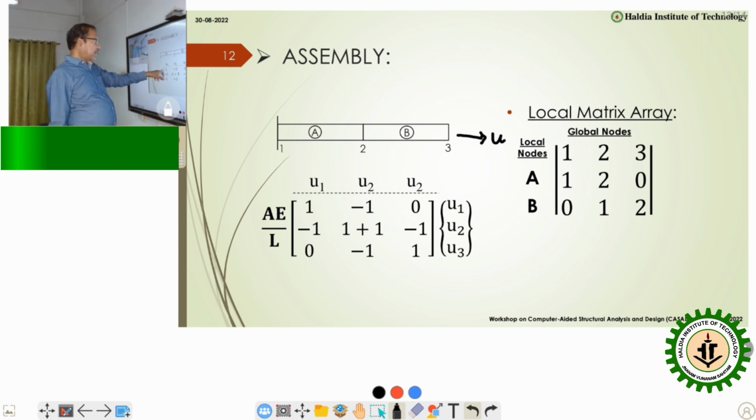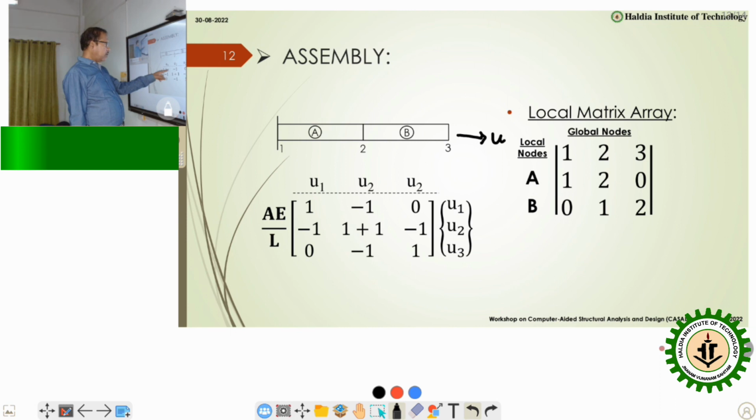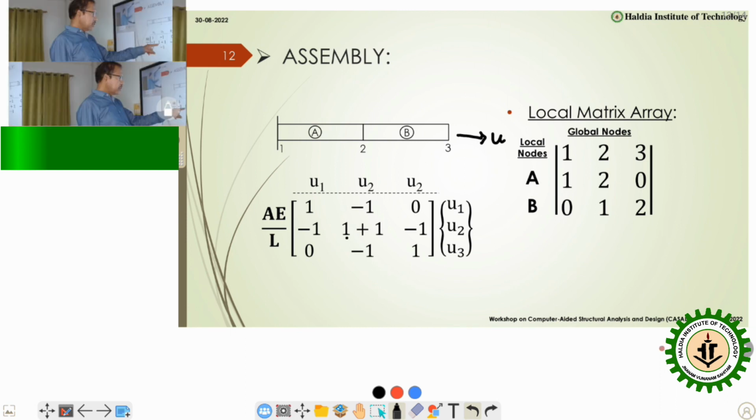In this case, directly, as previously, one is AE by L and the other is minus AE by L. So the diagonal entries will be 1 and the off-diagonals will be minus 1, and accordingly we have to assemble this. Here, 1, minus 1, minus 1, 1.